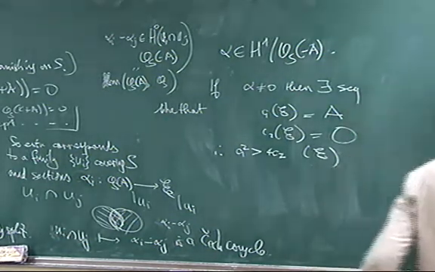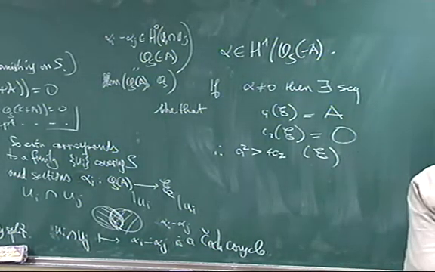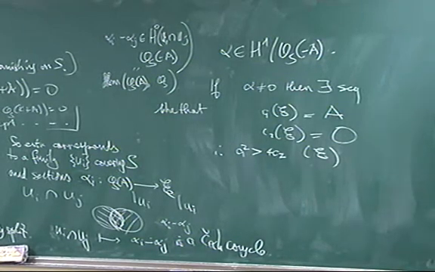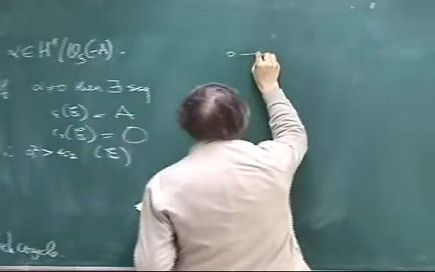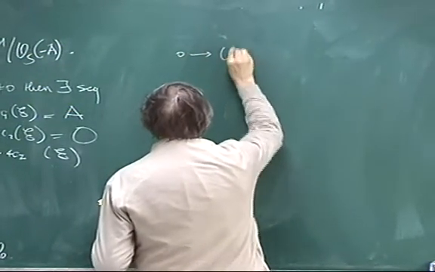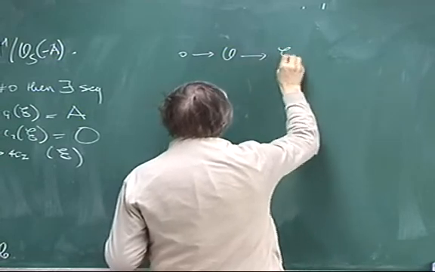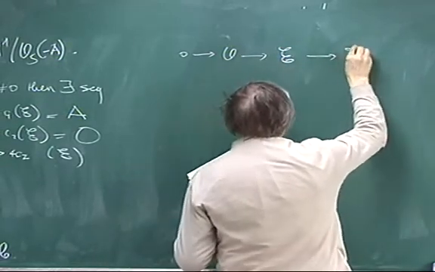So I'm going to do this diagram three or four times now. There is a sequence which defines the bundle E, defines the extension E. So there's 0 goes to O, goes to E, goes to I_Z.